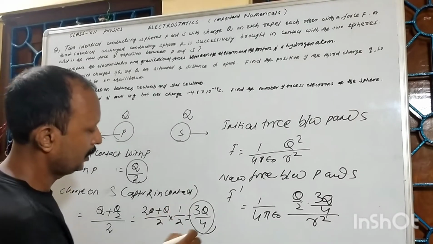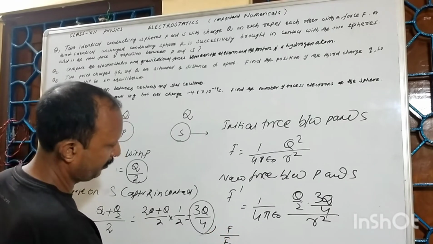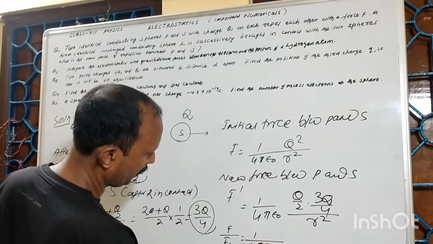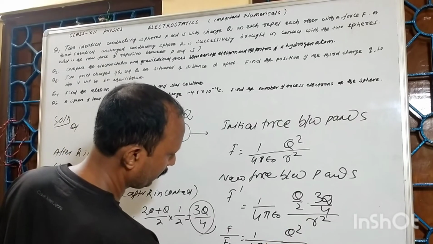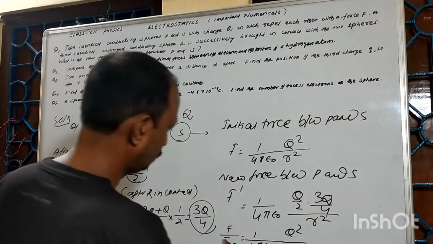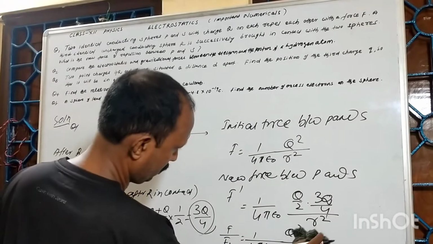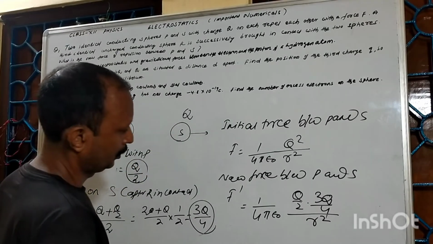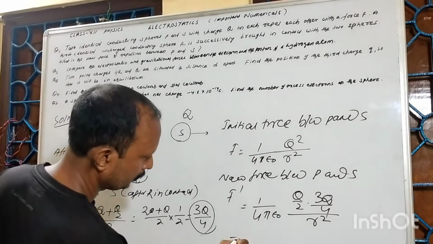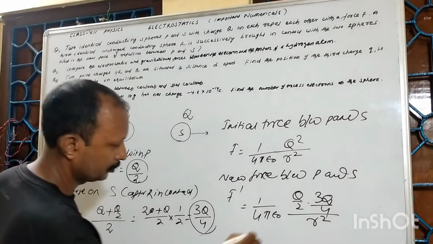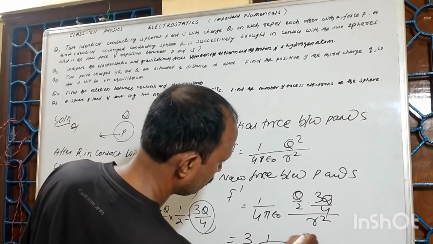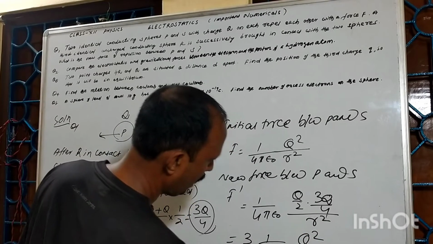So I can say that F dash is equal to 3 by 8 times 1 upon 4 pi epsilon naught Q square by R square.